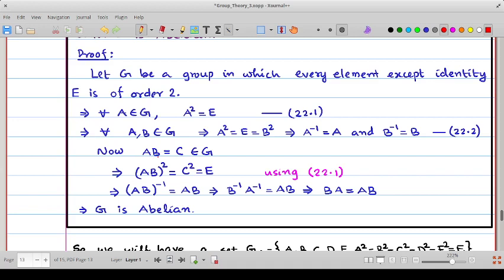So we have taken A and B not to be identity. In that case, this product will be an element of G other than the identity, and therefore is of order 2. So that means AB square is equal to identity. AB square equal to identity means AB is inverse of itself. So AB inverse is equal to AB.